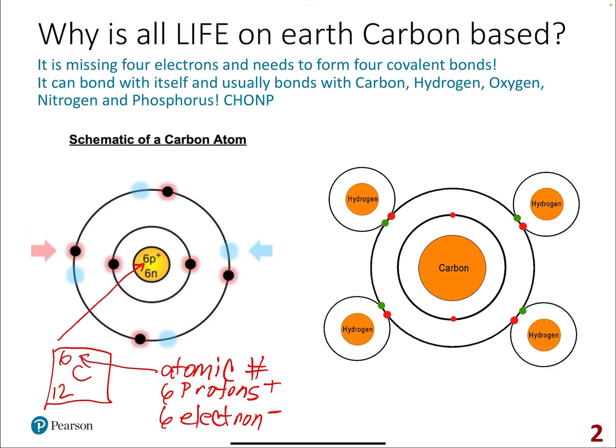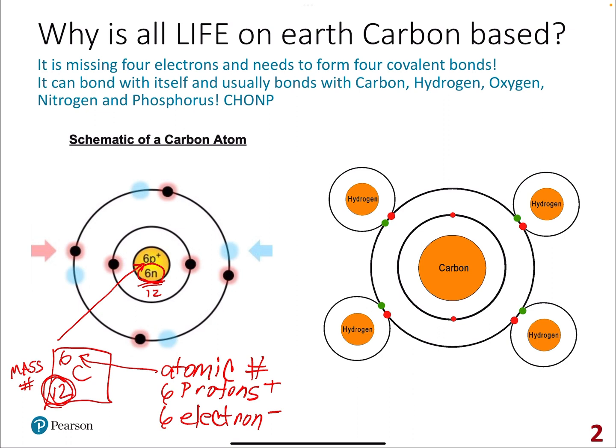So all atoms are neutral. Inside of the nucleus, you also have 6N. That stands for neutrons. If you add 6 protons and 6 neutrons, that's what gets you to 12. The 12 number at the bottom here, that is the mass number. The mass number is what is in the nucleus. It makes up 99.9% of the mass.